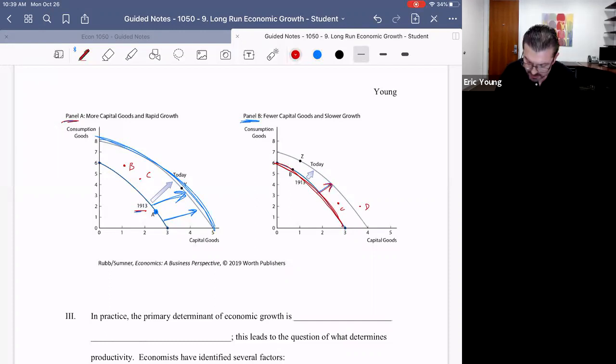It shifted out to this right here, PPF2. Notice here that point C is now possible, but in this country, point D is still impossible. Although point D is probably doable for our first country, because their growth was so much bigger. Okay, we're going to come back and revisit this graph in a few minutes because it gives a clue as to what can cause or help sustain economic growth.